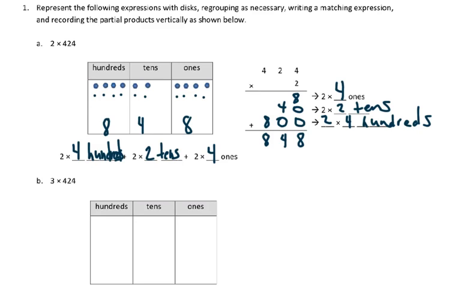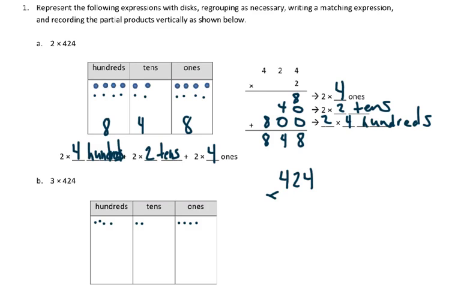Let's do the same thing for B, and B is 3 times 424. So we're going to go ahead and do our discs here. I have 1, 2, 3, 4, 2, 1, 2, 3, 4. And on the side I have 424.